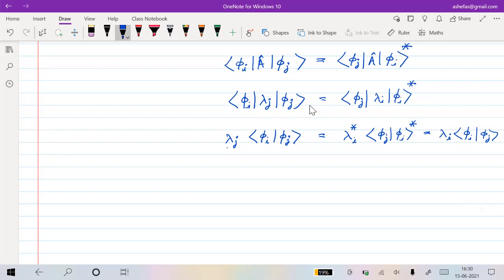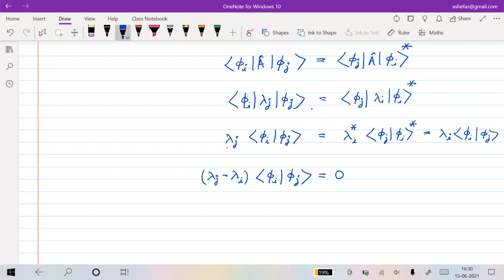So this is your left side, the right side. You can take both the things on one side. Then it can be written as lambda j minus lambda I times the inner product phi I, phi j equals 0. Now this must be 0.